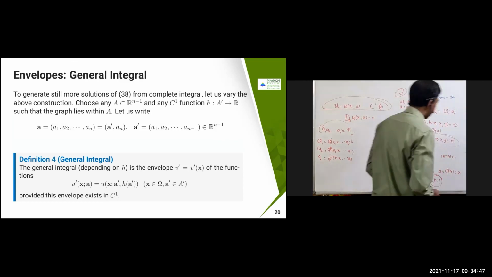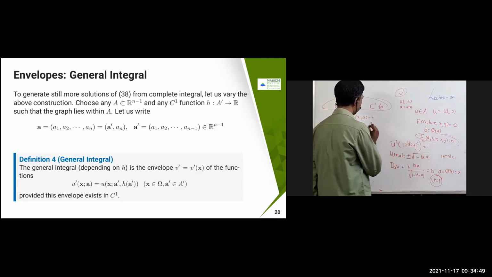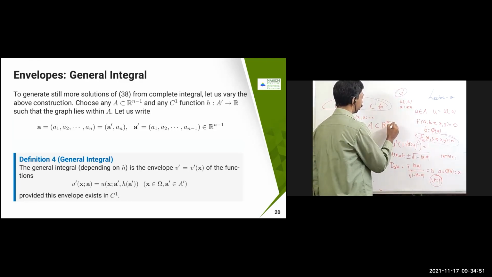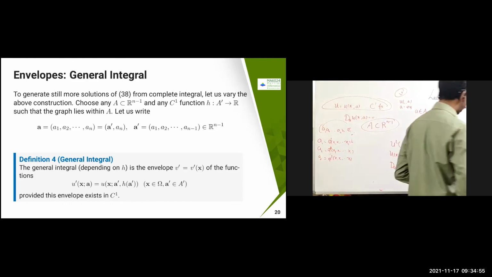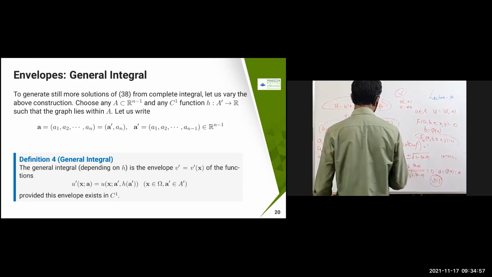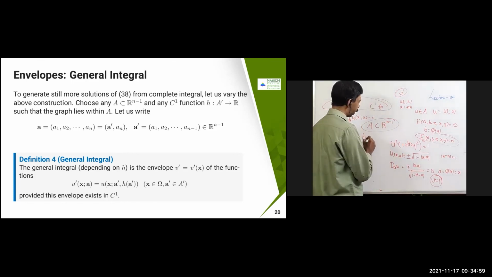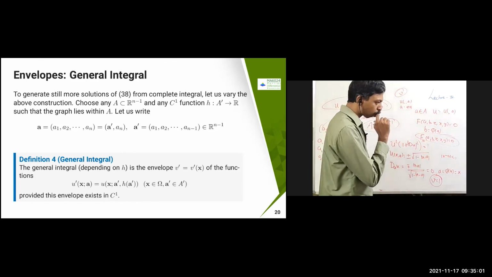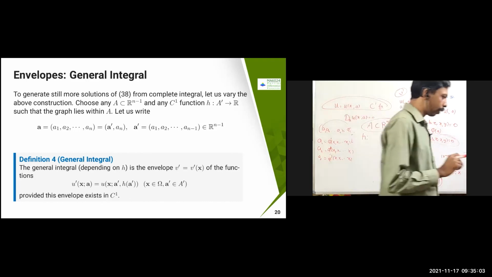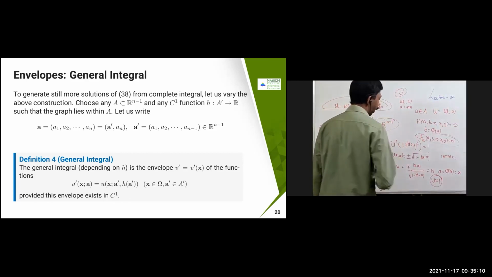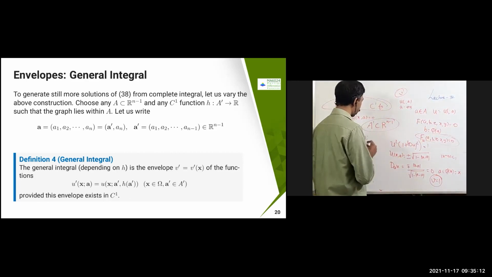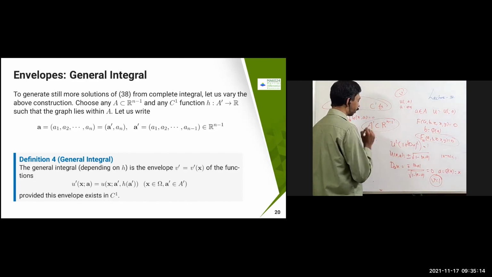Let us choose any A dash, a subset of R power n minus 1, and a C1 function from A dash to R. Sorry, this should be A dash.